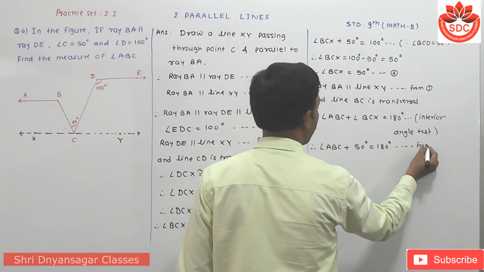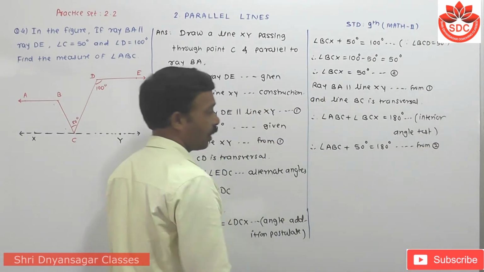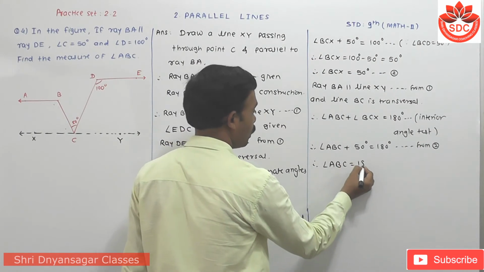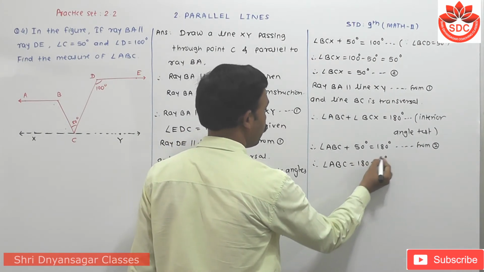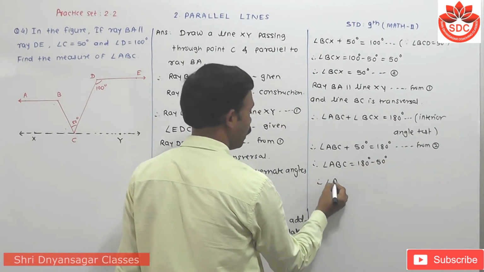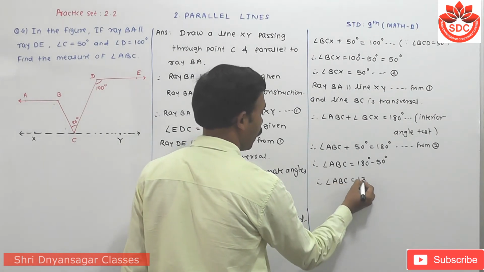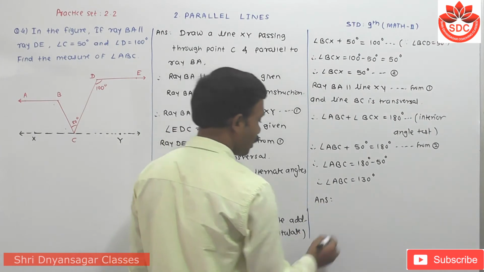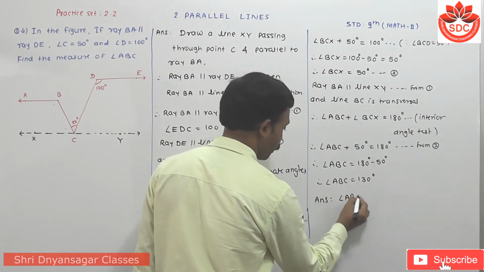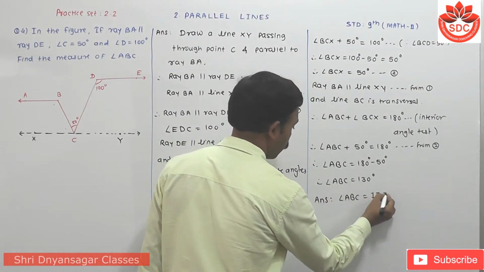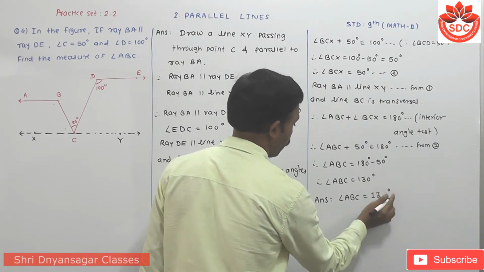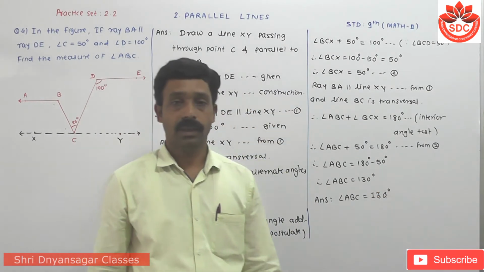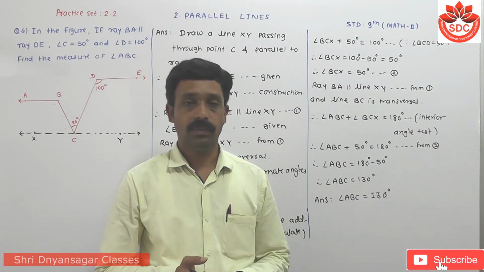Reason is from second. Transfer this 50 to this side. Therefore, angle ABC is equal to 180 minus 50. This subtraction is how much? 130 degrees. Therefore, the answer in a full sentence: angle ABC is equal to 130 degrees. Okay, we take the next question.